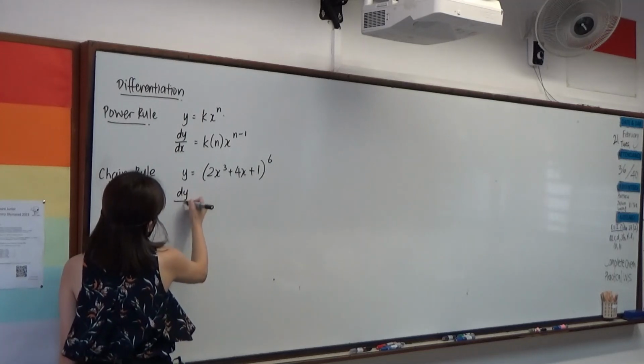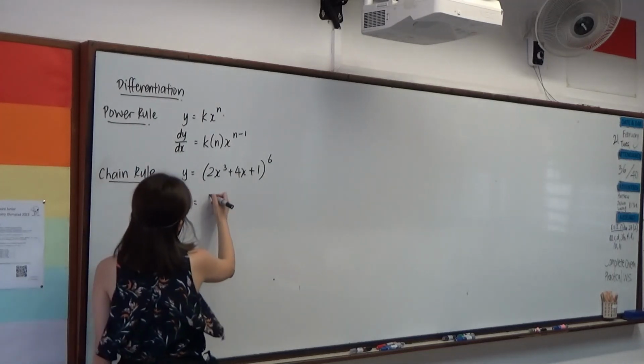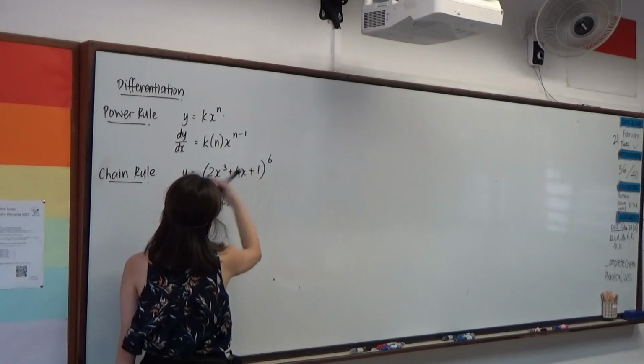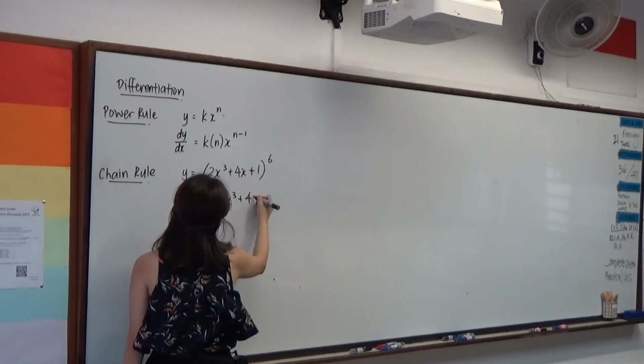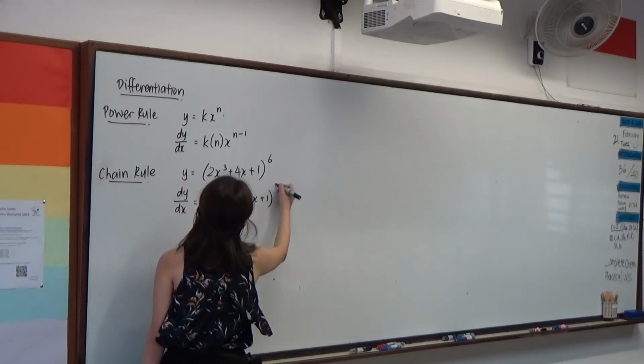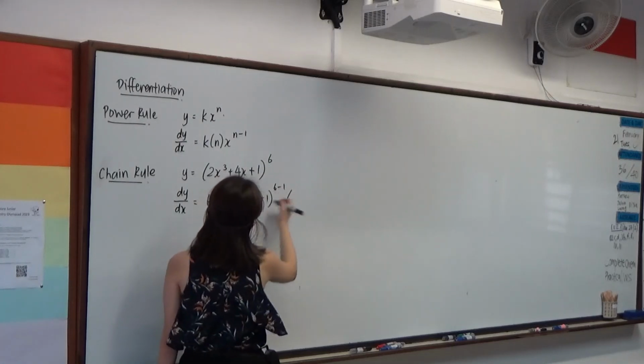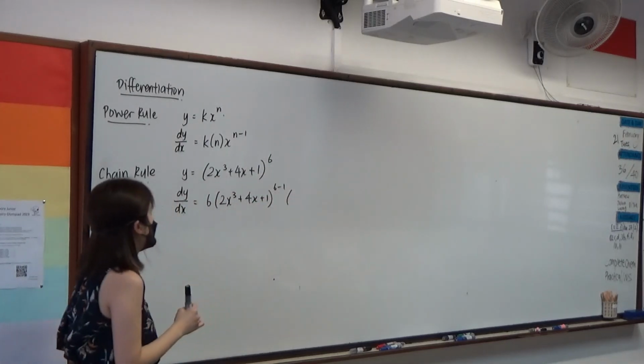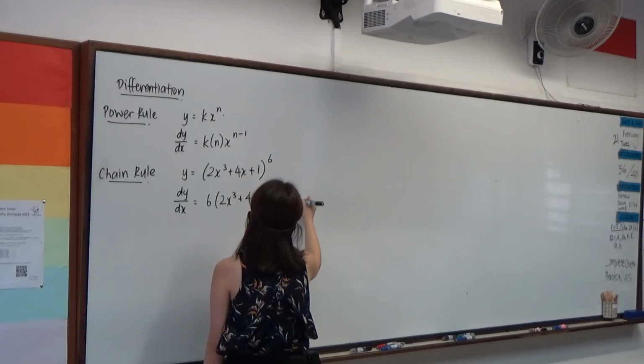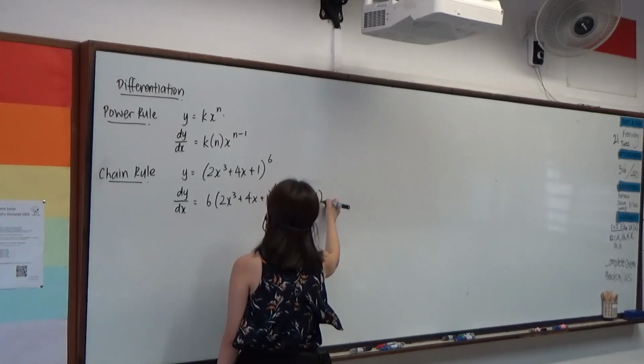So take note that you must have your dy over dx. 6, bring down, keep the base the same, power minus 1. Then we differentiate the inside according to our power rule. So we will have 6x squared plus 4.